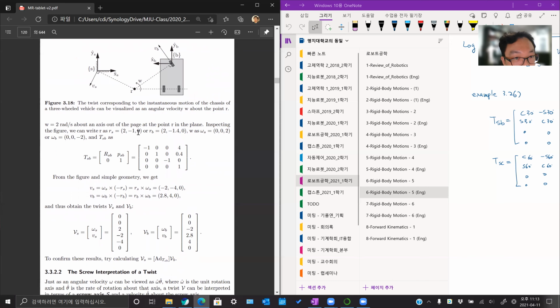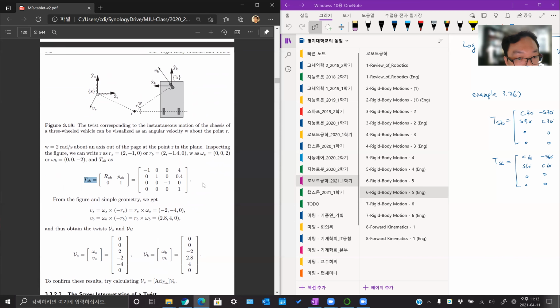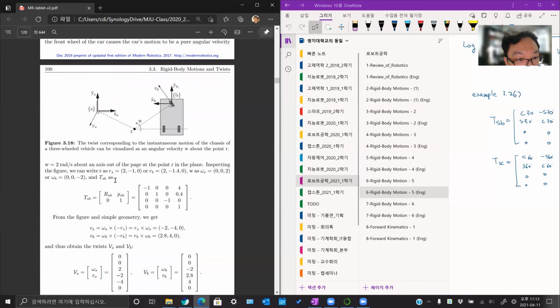So we know this information, and also we know about T_SB, because of the S frame here and the B frame here, the rotation matrix based on the S frame. The X_B direction is the minus X_S direction, so -1, 0, 0.